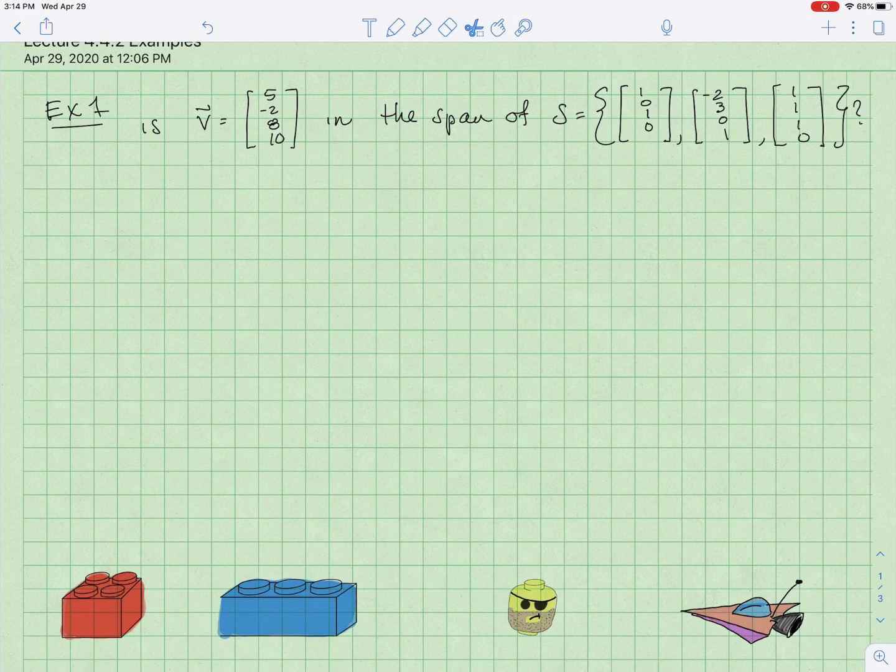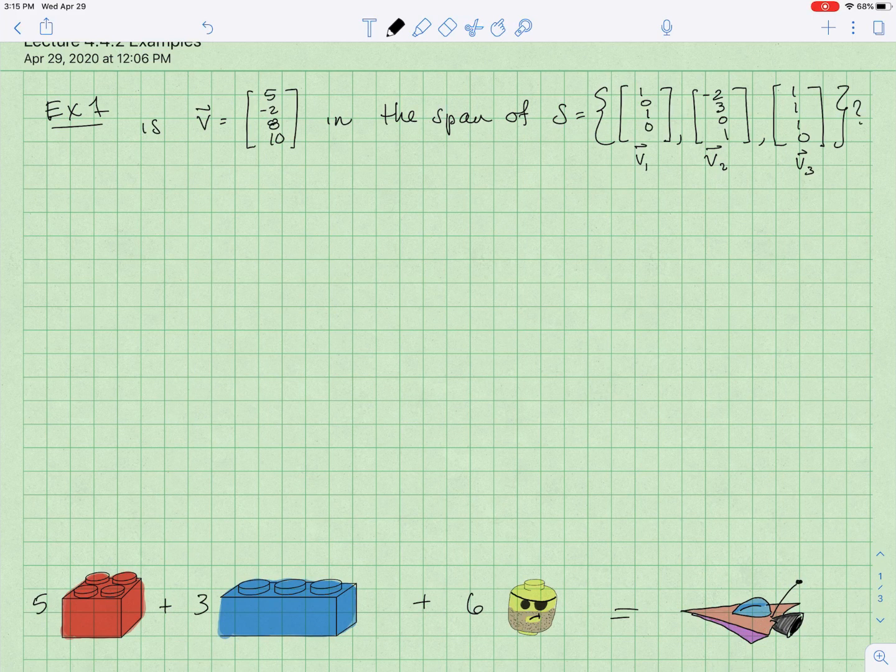And this is the same thing as saying, if this is vector 1, vector 2, and vector 3, is there some multiple, like 5 of this brick, plus 3 of this brick, plus 6 heads here? Can I construct this very specific spaceship?